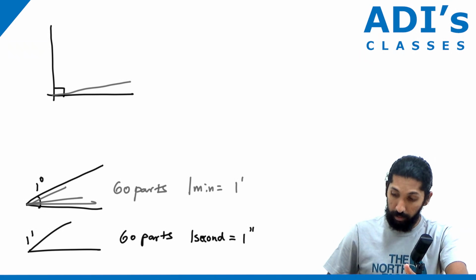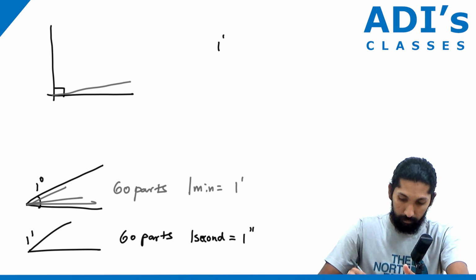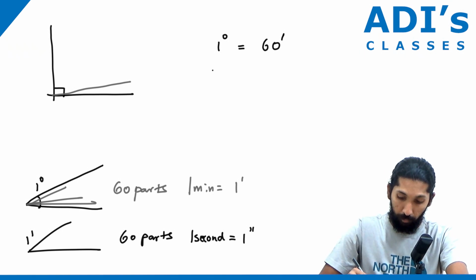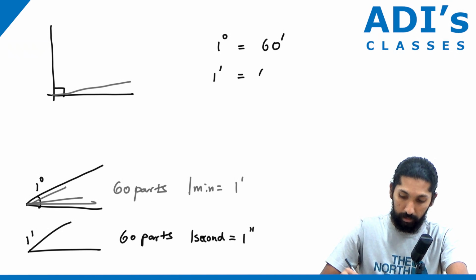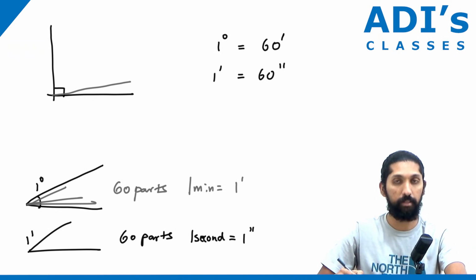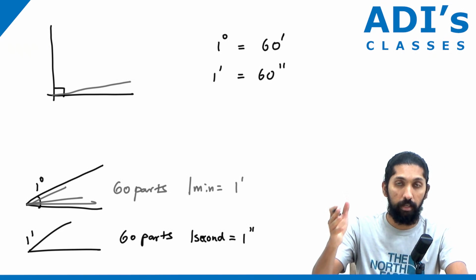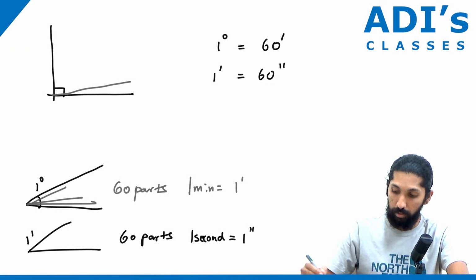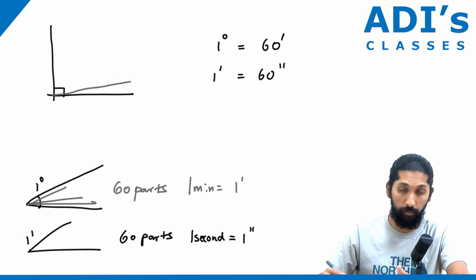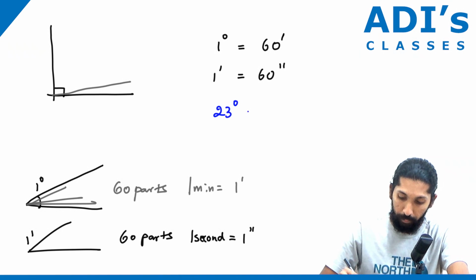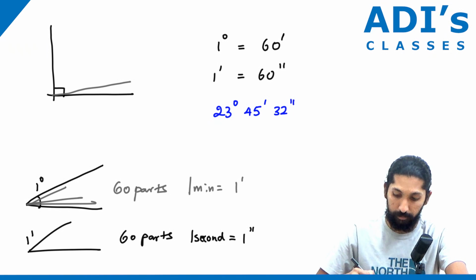Alright, that means 1 degree is the same as 60 minutes, and 1 minute is nothing but 60 seconds. So an angle can be further divided. For example, I can tell you that I have an angle of, let's say, 23 degrees, 45 minutes, 32 seconds.